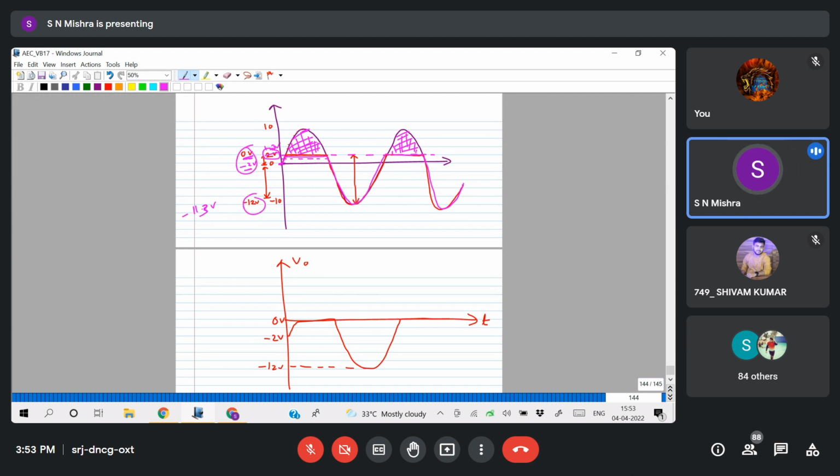If you redraw the input, then you have to change the limit and again redraw the output, because in the exam one circuit will be given, input will be given, and you have to draw only the output. That means this is the final graph you need to draw. And here also you have to mark the notations, like this is your T by 2 up, somewhere here you will get that one. So according to that you have to do it. This one will be somewhere here. The more you practice, the more things will be clear.